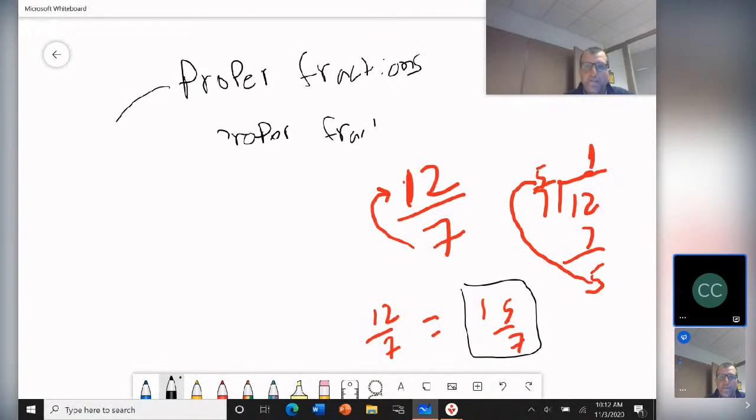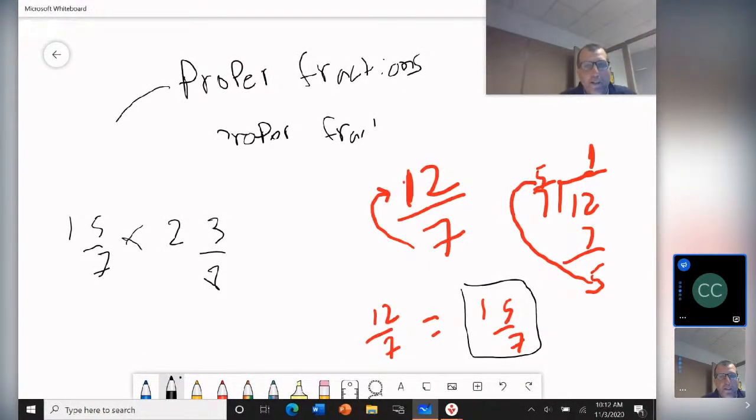Because sometimes you might get, for example, 1 and 5 sevenths times 2 and 3 eighths. And in order to multiply that, we're going to have to do the reverse function. We're going to have to take the mixed number and convert that into an improper fraction. Okay. Casey will cover that tomorrow.